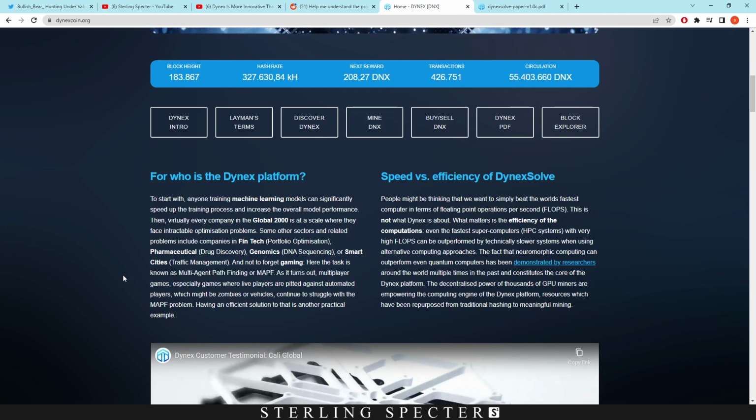It's not a technology company, it's more of a currency, because the whole point of the Rust update and the DAGKnight is to increase blocks per second and the throughput of the network. Dynex Coin is not really that focused on the throughput or anything in terms of speed on the network. They're more focused on performing operations on the network and performing tasks.